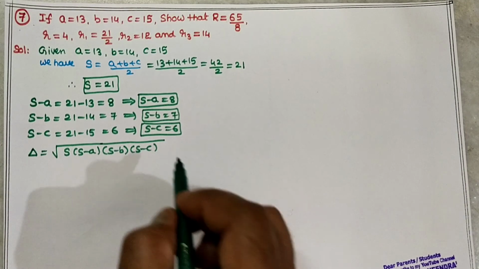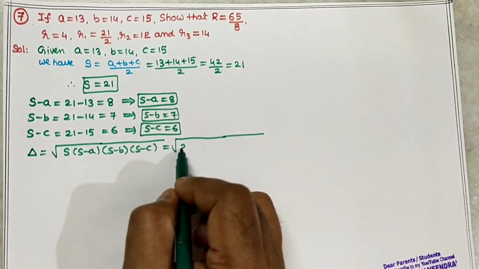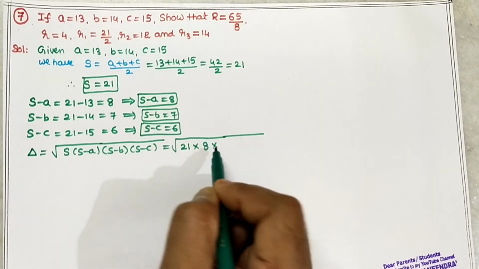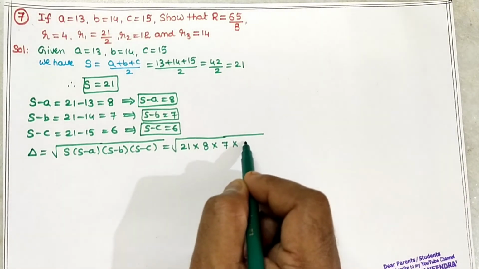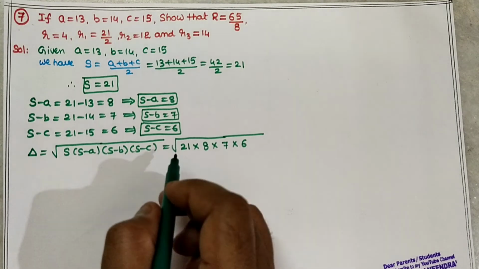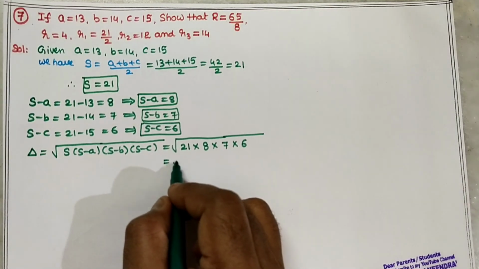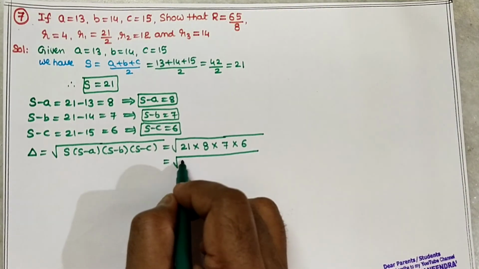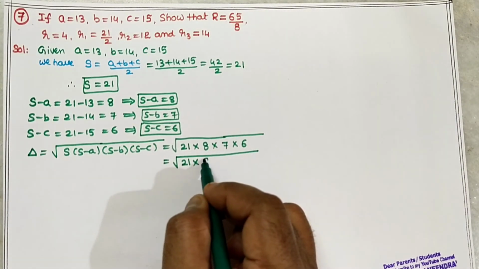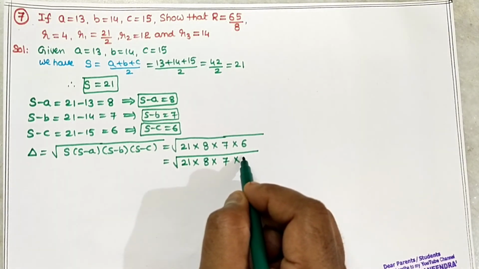So the respective values we can substitute: square root of s value is 21, s minus a value is 8, s minus b value is 7, and s minus c value is 6. So that also can be written as square root of 21, 8 into 7, and 6 can be written as 3 into 2.